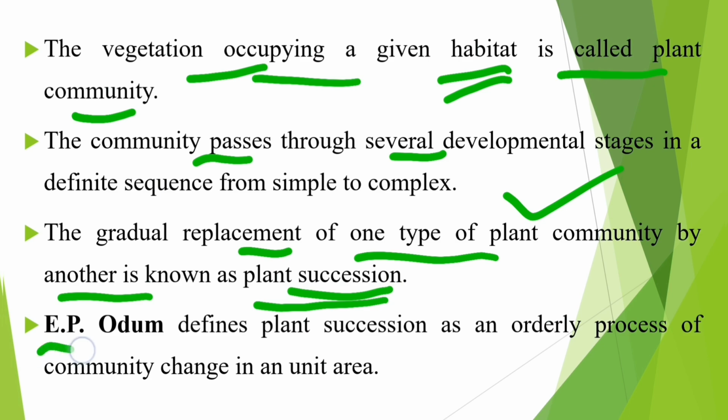E.P. Odum defines plant succession as an orderly process of community change in a unit area or a particular area.